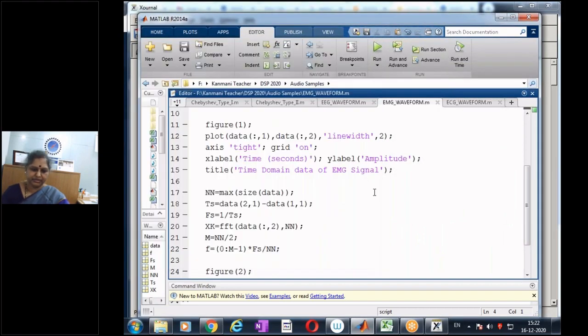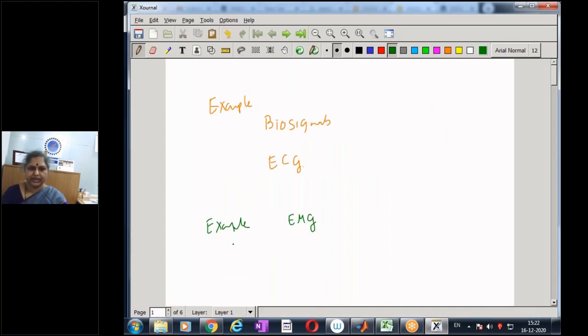As a third example, we'll now see the mapping of our brain signals, the signals in our brain, and that is the EEG. And these are captured using a BioPack.